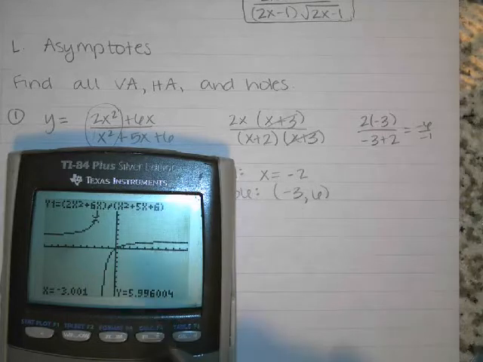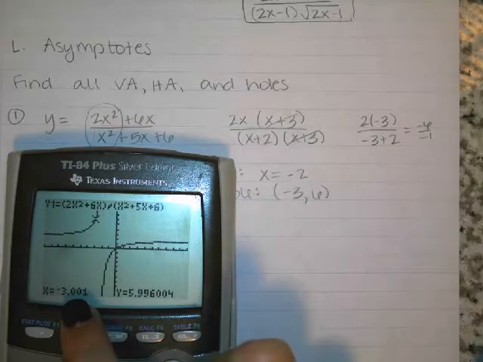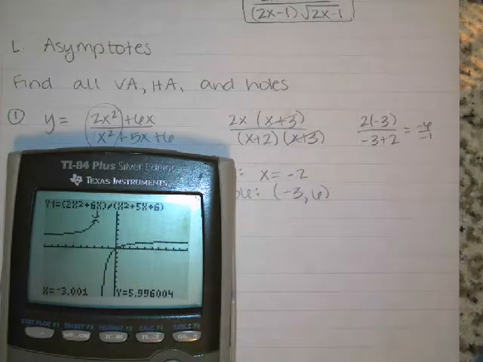That's me checking the left side of the hole and the right side of the hole, making sure those two sides have numbers very close to 6. As I plug in those decimals, I'm actually checking to see if the left-hand limit and the right-hand limit are approaching the same number. I'm verifying that the limit as x approaches -3 is 6.